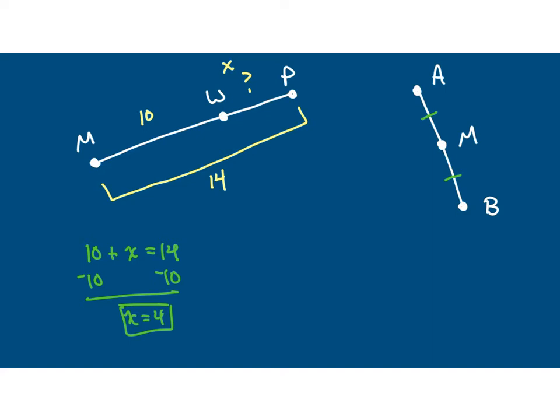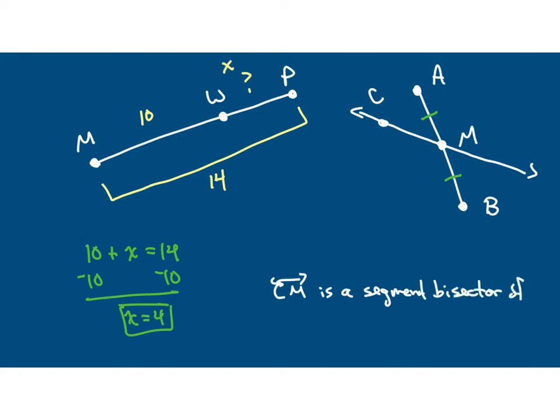Now, if I have a line, a segment, or a ray that intersects here at point M, anything that comes in at that point. So let's say I've got this line that comes through here. Okay, and I'm going to put a C over here. So I have line CM. What I've said now is CM is a segment bisector of segment AB.